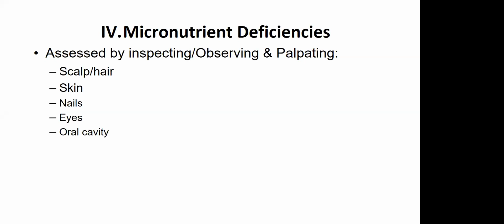Would you be able to elicit any wounds on the skin of the patient? What is the hydration status of the patient by doing the skin turgor? Is the skin moist or dry? So that you can determine which particular direction you are going to think of in terms of micronutrient deficiencies you'd want to focus on in this particular patient.